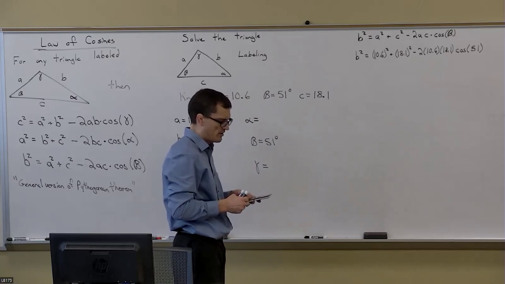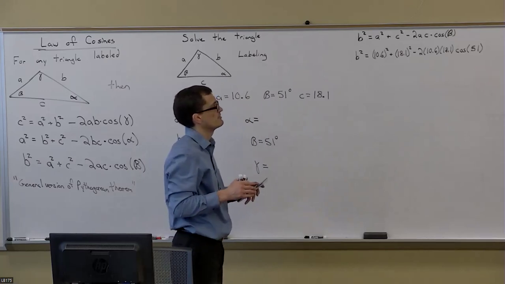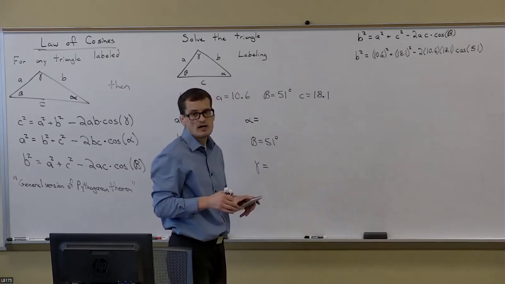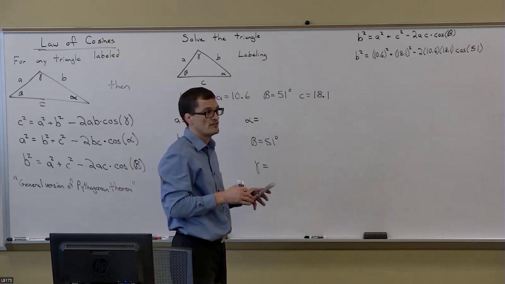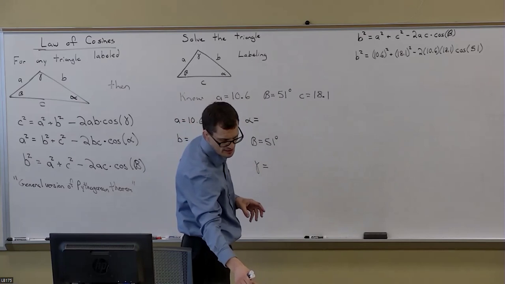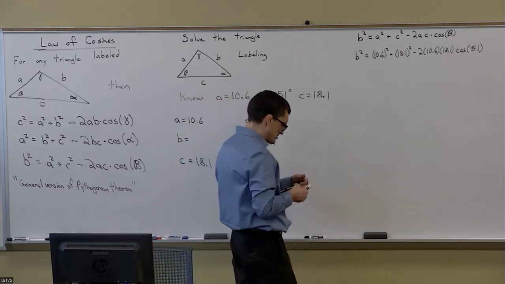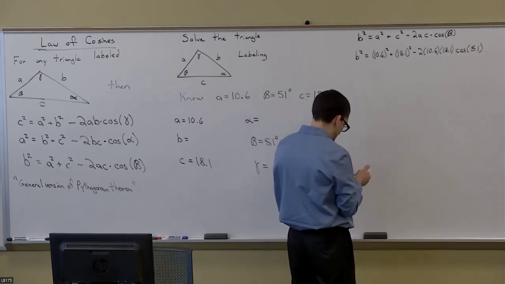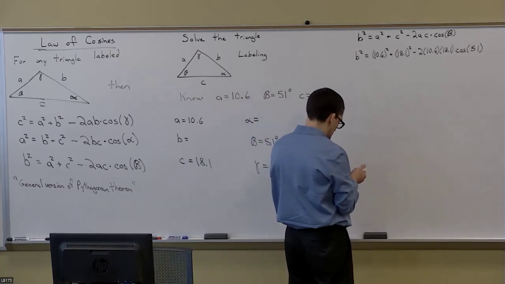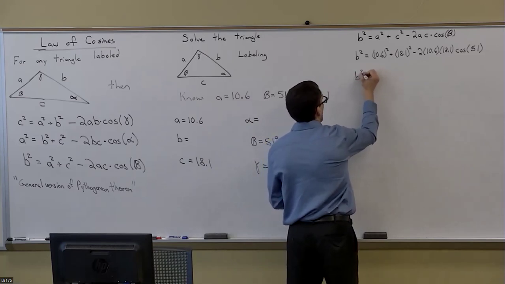And as always, when we're dealing with triangles, if we're in degrees, make sure our calculator's in degree mode. That was true for the last section and this section. On the right side, I got about 198.49. I'm not going to round that yet.